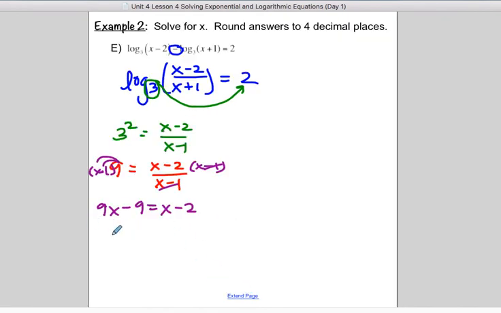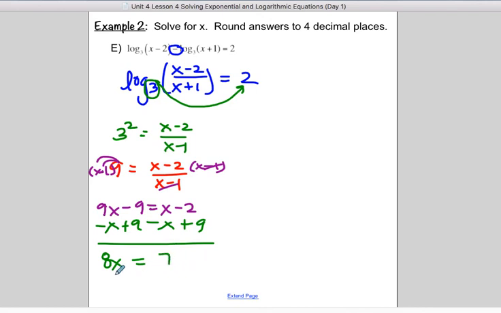I look at the equation I have, they're all x to the first power, so it's linear. So I can just go ahead and try to get all my x's to one side. So I would have 8x, and then add 9 equals 7.